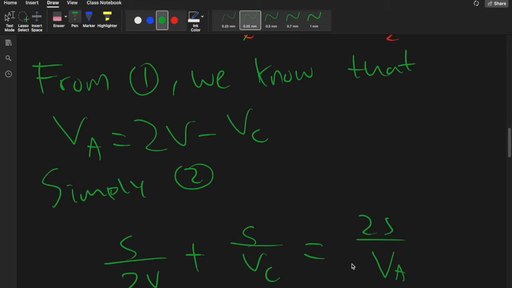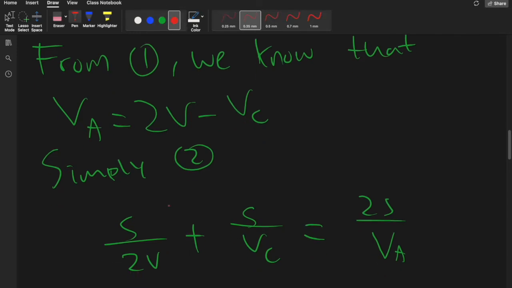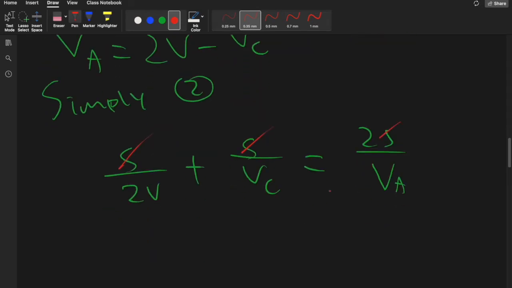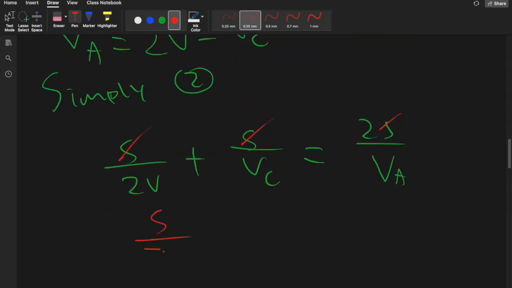And then we'll just cancel all S. So the equation becomes 1 over 2V plus 1 over VC is equal to 2 over VA.